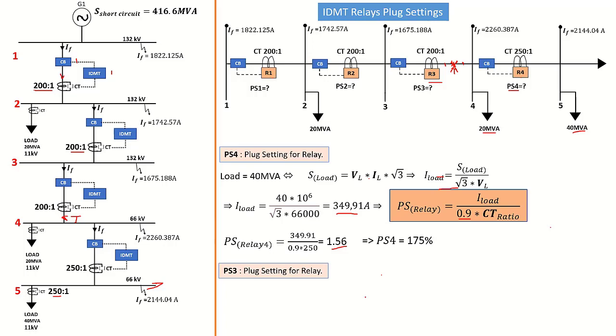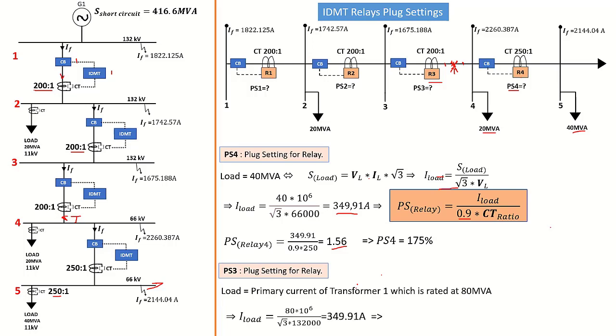Having said that, we're going to determine the load current for that relay as the primary current of our transformer. The transformer is rated at 80 MVA. That means our I load will be equal to 80 times 10 to the power 6 over the square root of 3 times 132 kilovolt, and that gives us 349.91 amps.